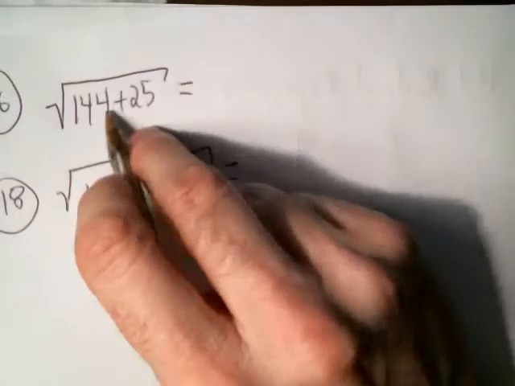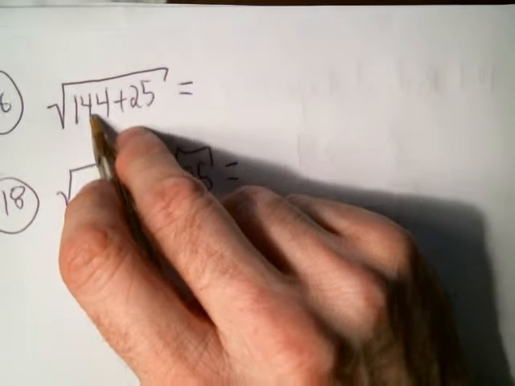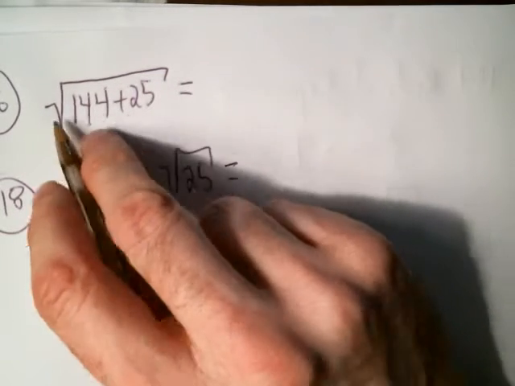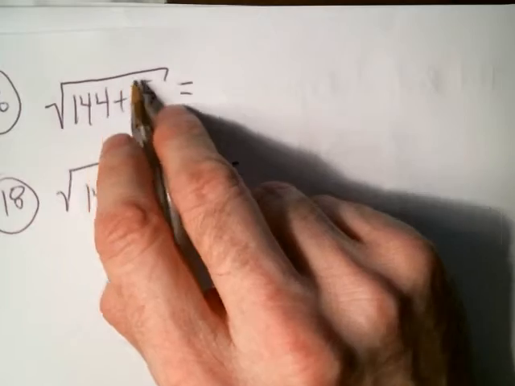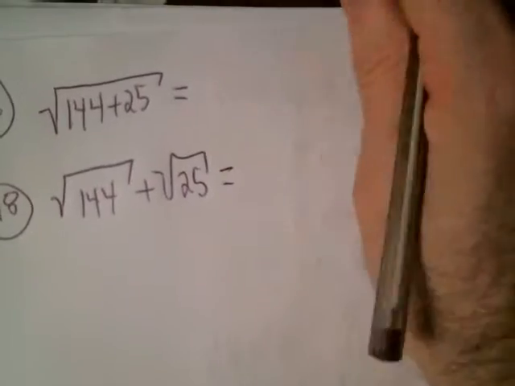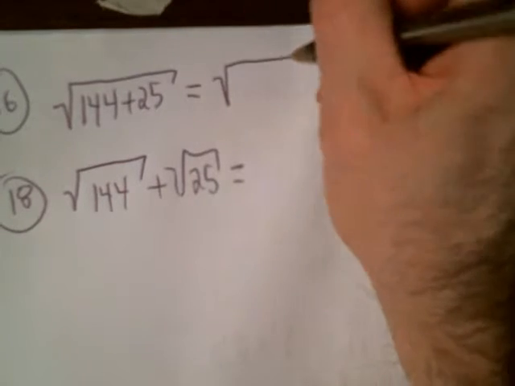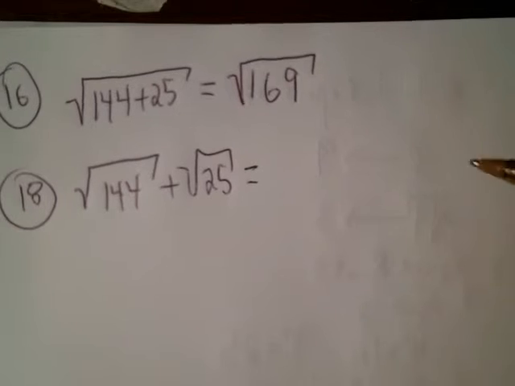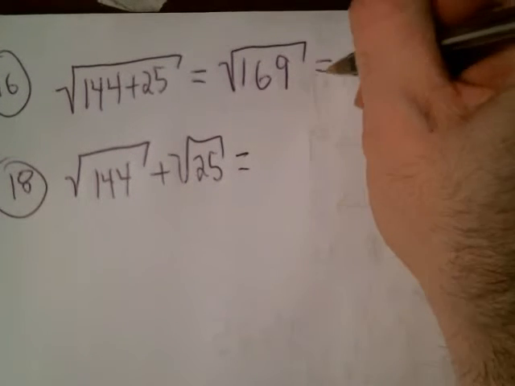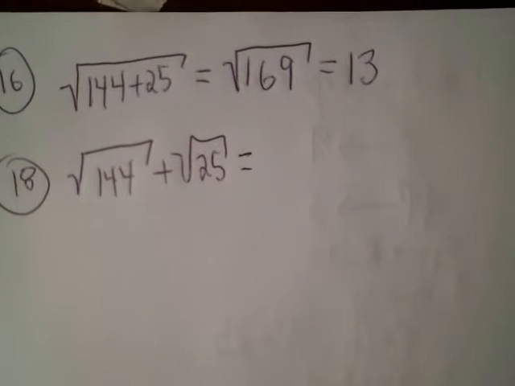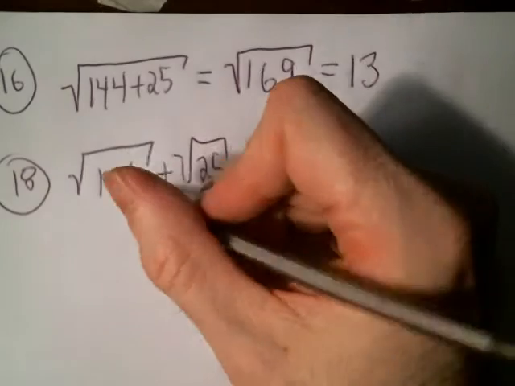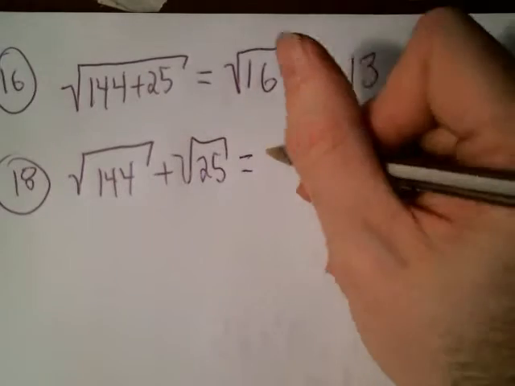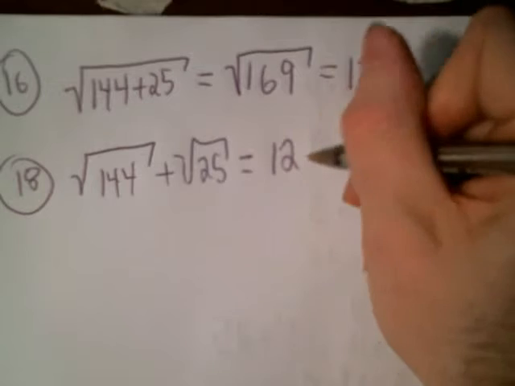In this case, you have to work with the 144 and the 25 first. So you consider the radical sign as like a parentheses, and please excuse my dear Aunt Sally, you have to do the insides first. So I have the square root of 169, and 169 is a perfect square. 13 times 13 is 169. And for this guy, the square root of 144 is 12.